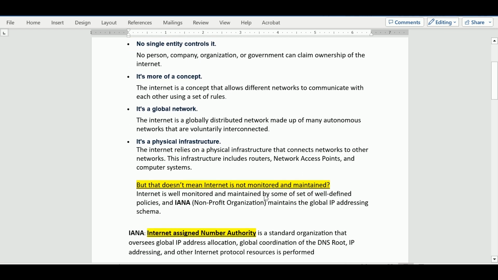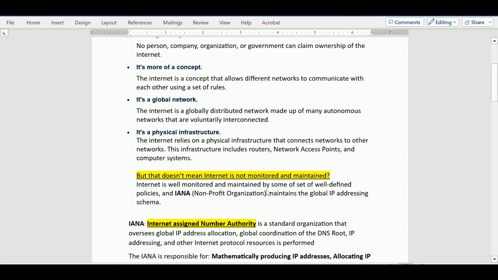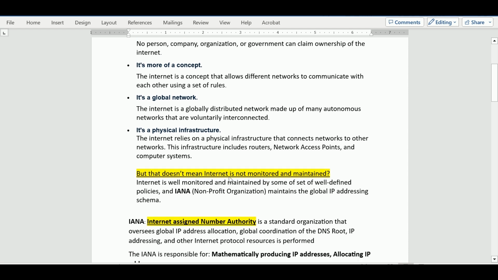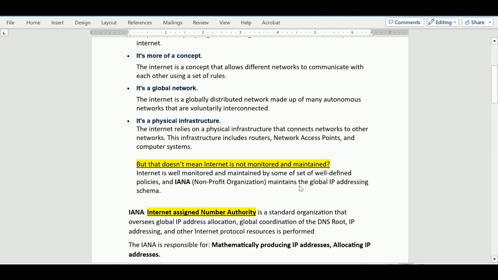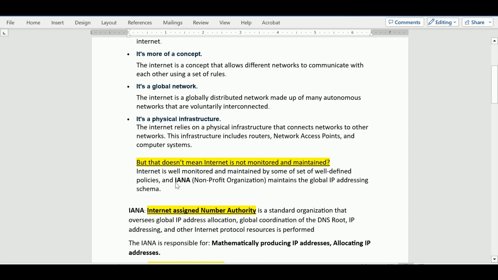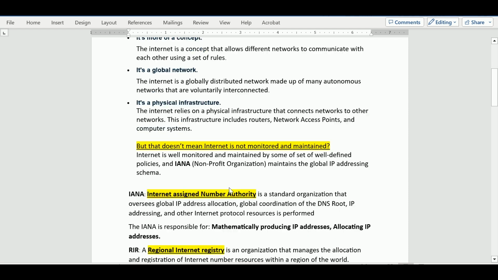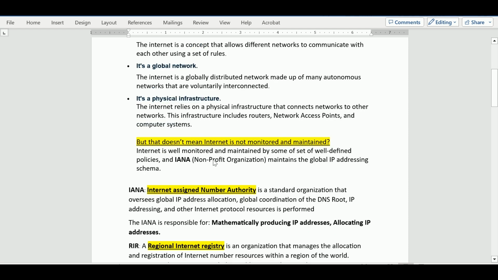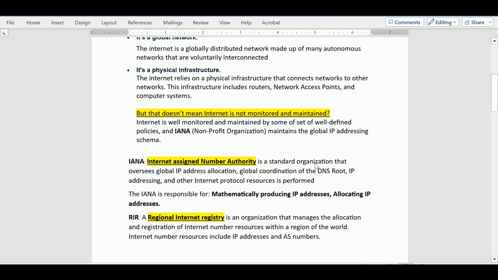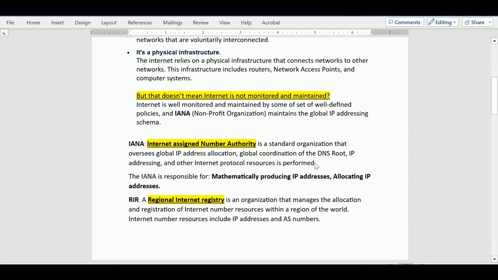But that doesn't mean the internet is not monitored and maintained. Yes, the internet is well monitored and maintained by a set of well-defined policies, and there is an organization called IANA, Internet Assigned Numbers Authority. They maintain the global IP addresses and its schema.